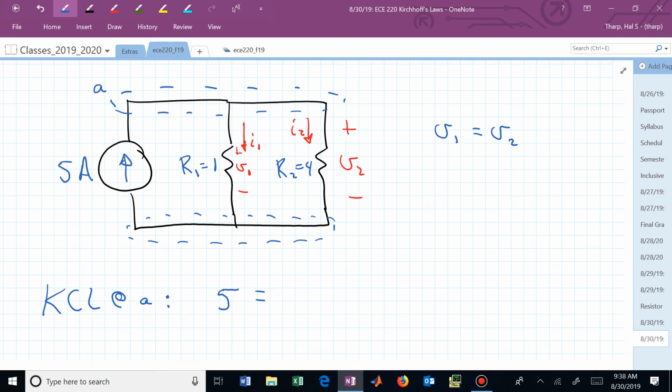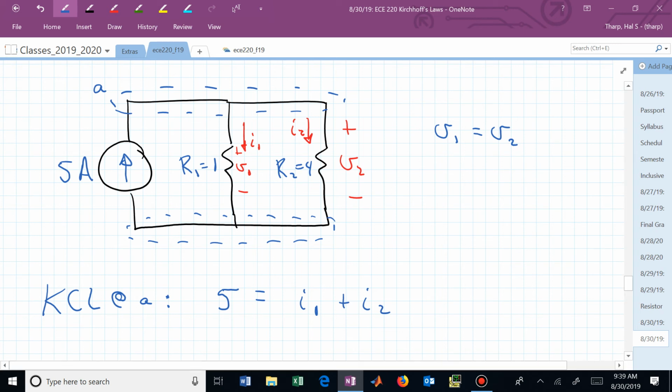And if we simply write down, I know 5 must be equal to I1 plus I2. Do you see where that came from? That's the sum of the currents in, that's 5, equal to the sum of the currents out, that's I1 plus I2. That's KCL at A.